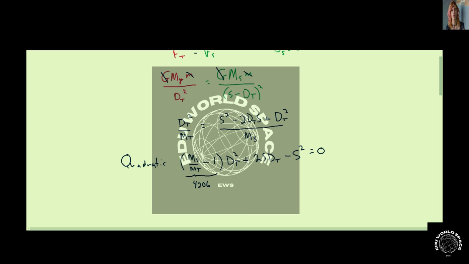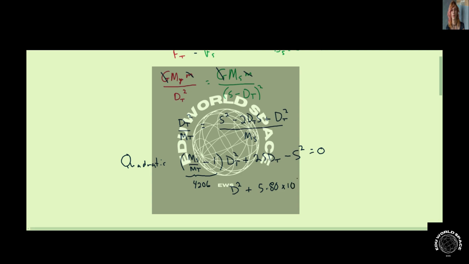The distance to Saturn is also quite huge. And so we're going to go ahead and divide through the entire equation by that 4206. And we'll put in twice the distance of Saturn divided by that 4206. And we'll get a look at the numbers that we're dealing with.